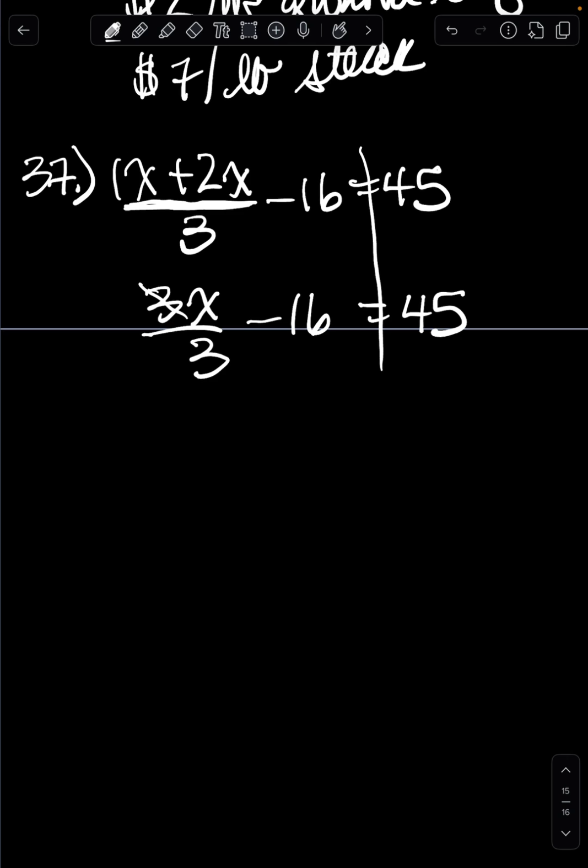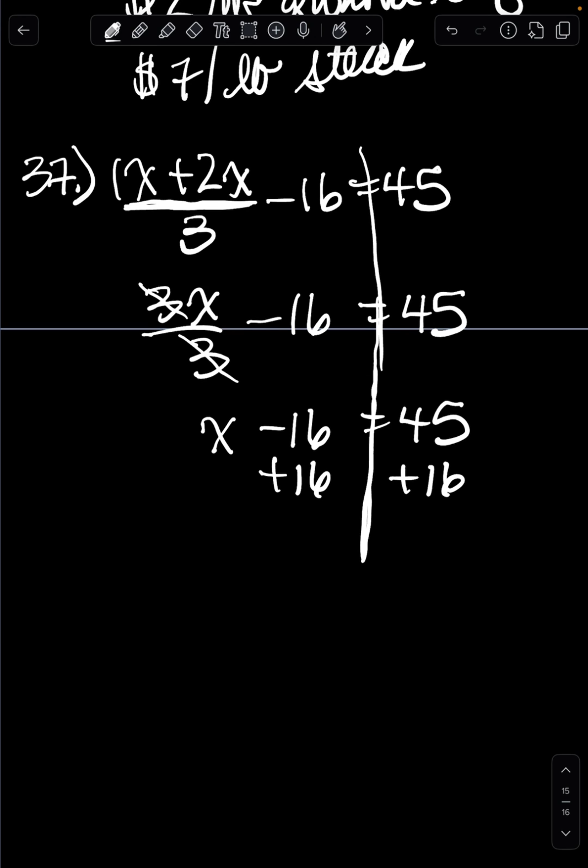Now I've got 3 over 3. That's a little messy. Clean it up. They cancel each other out. Notice I'm not doing it on both sides because I didn't have to change the entire side. I just did it to the x's there. Add 16 on both sides to solve this out. X equals 61.